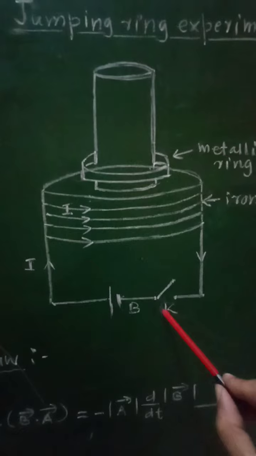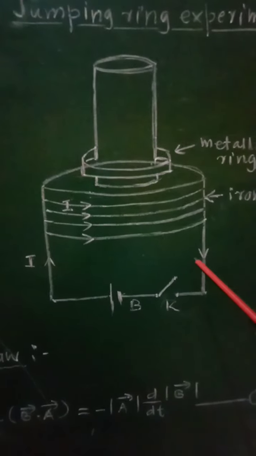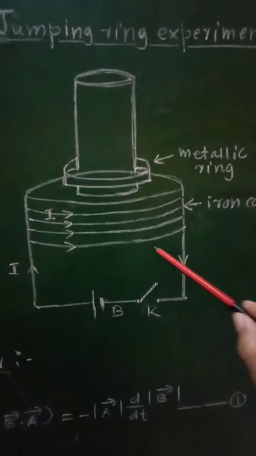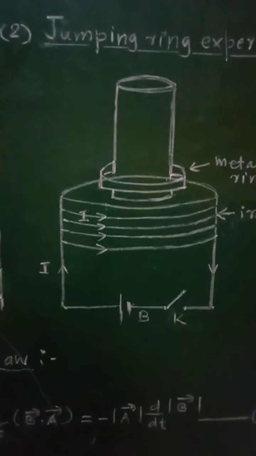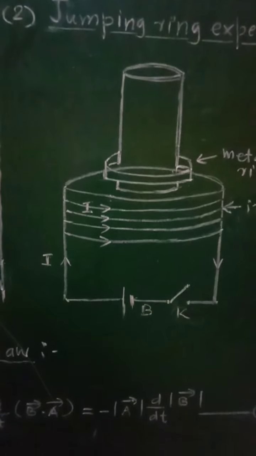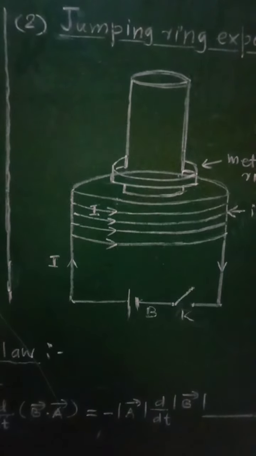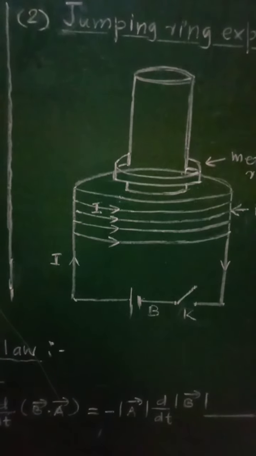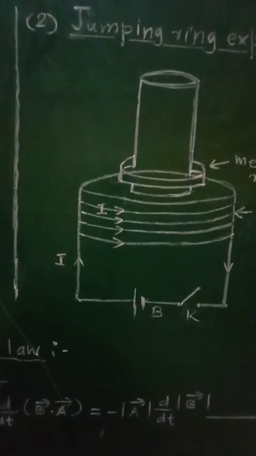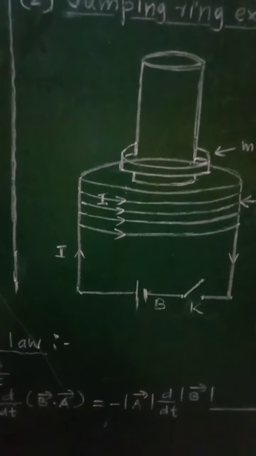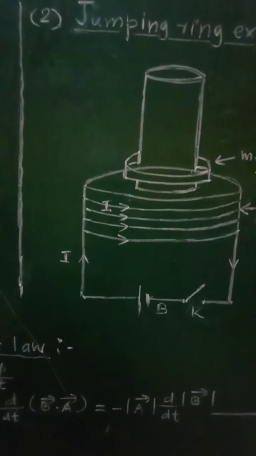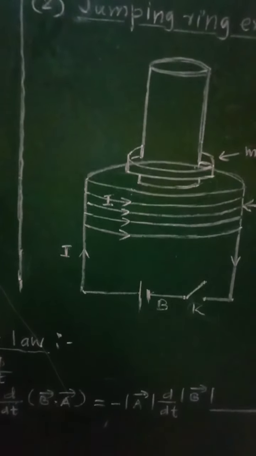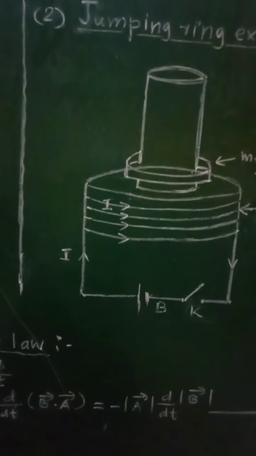So the battery and key will be connected between the two terminals of that coil which is wound on the iron core. So in this case, a current is then switched on to pass through the coil. By pressing that key, the current will be switched on to pass through the coil, and this will make the ring jump several meters in air.